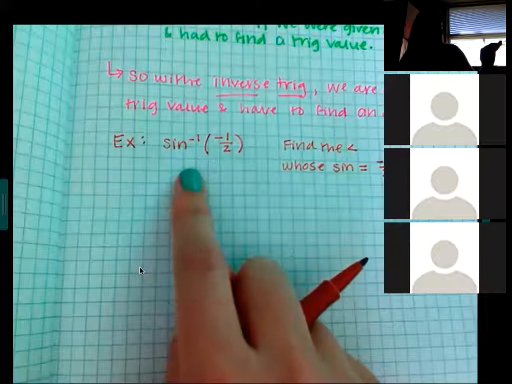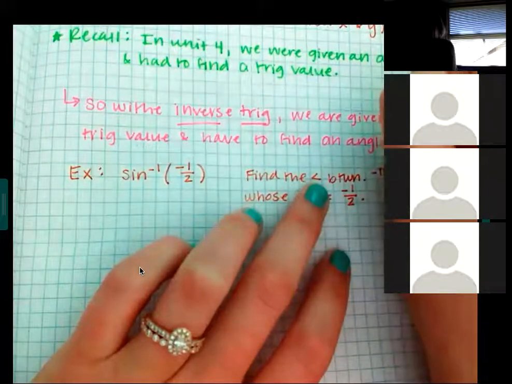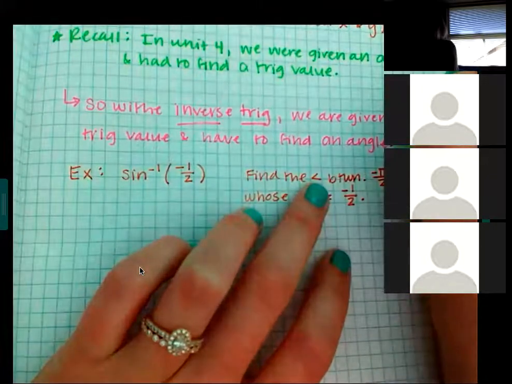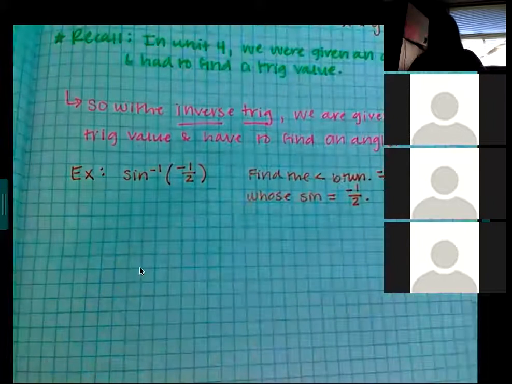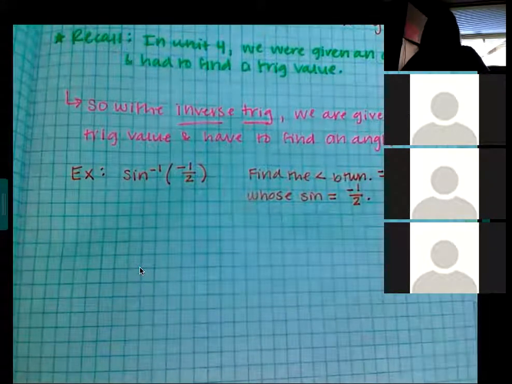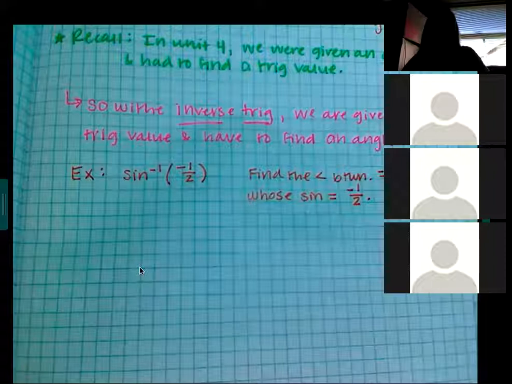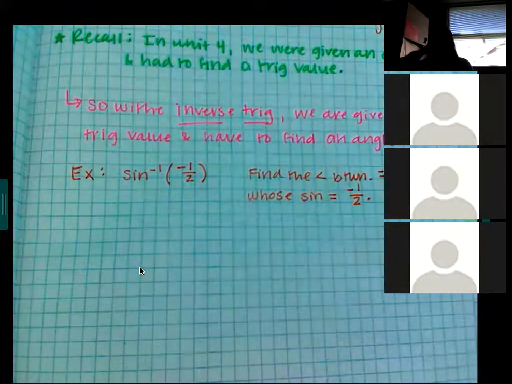Does that make sense? So when we are looking for this angle for an odd function, we're going to look between negative pi over 2 and pi over 2. Because it is an odd function, it is symmetric from quadrant 4 to quadrant 1.